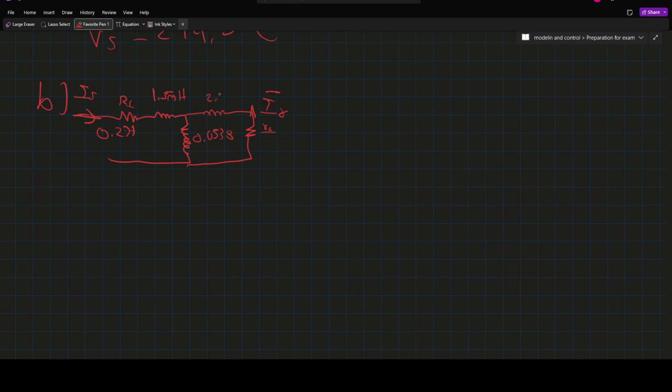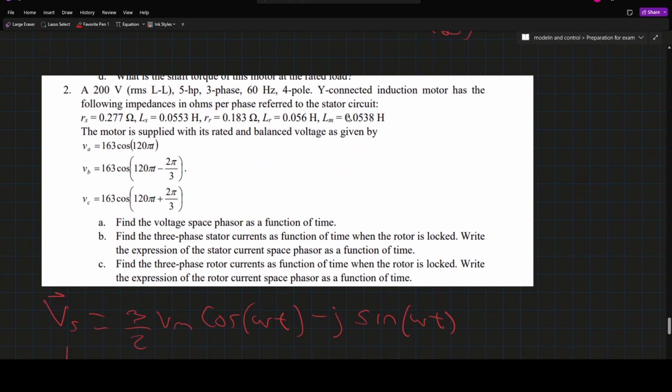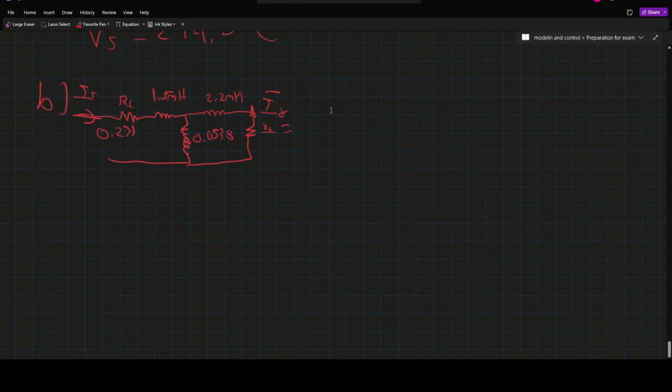This one is 2.2 millihenries. Okay, and we have an R2 of 0.183. So this is our circuit when our rotor is locked.